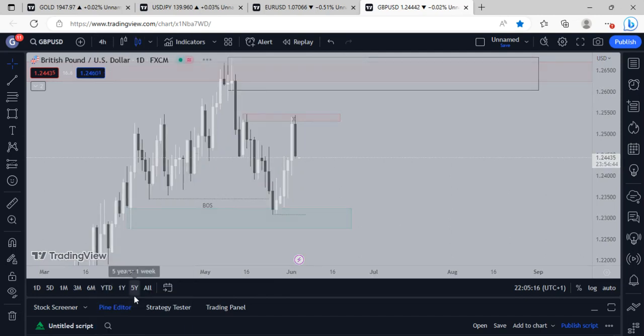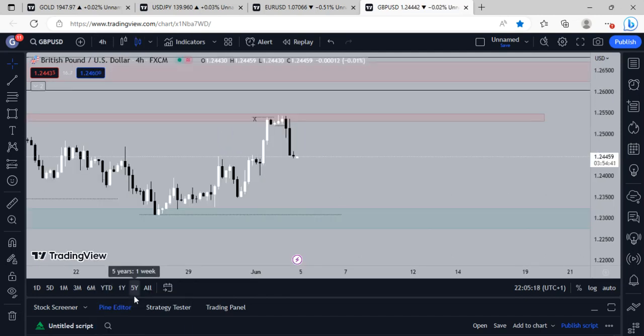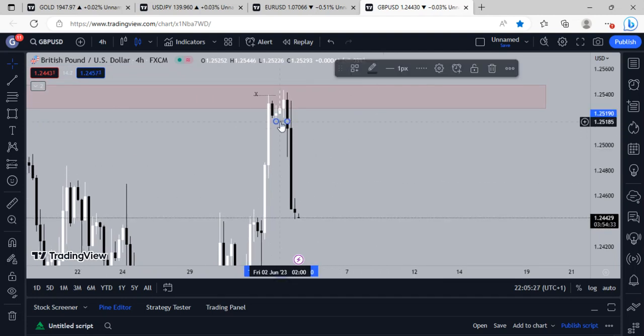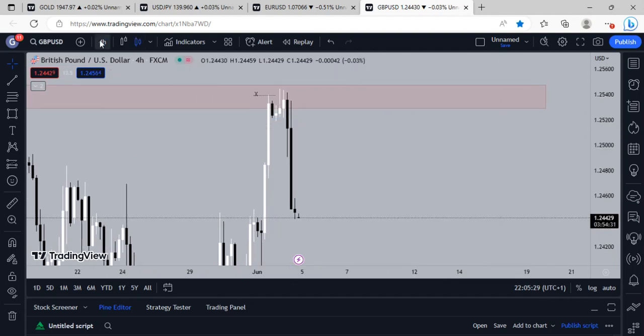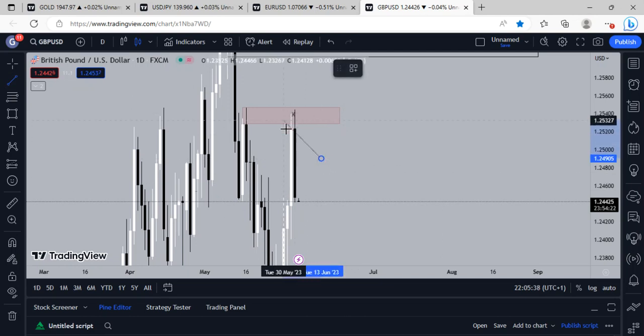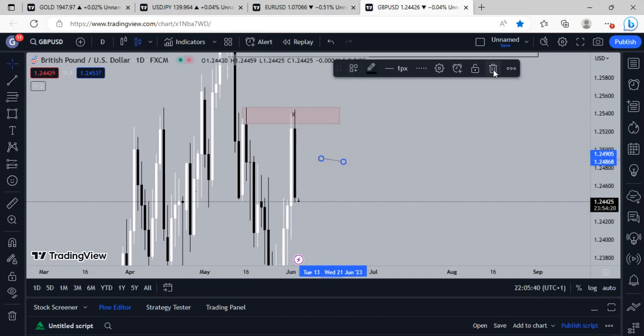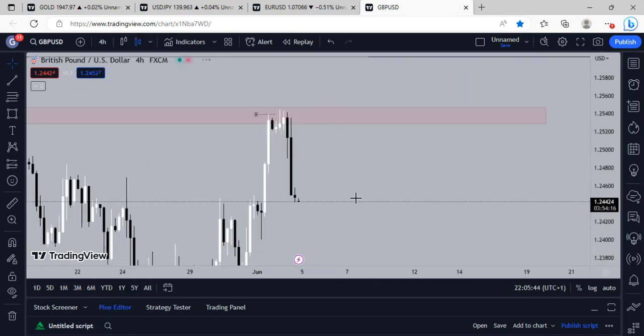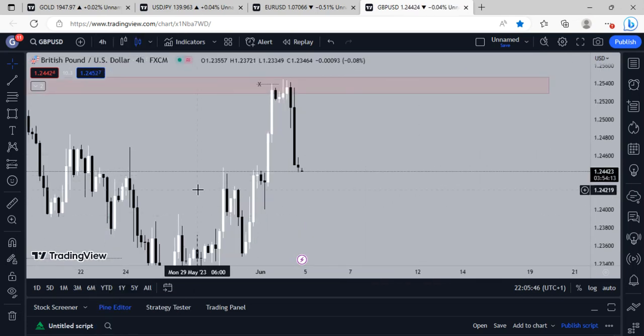So it seems like the markets have just opened, and as you guys can see on the daily, price has closed below. We have a pullback, so we're going to be looking for sells. Okay, we're now going to be looking for sells.